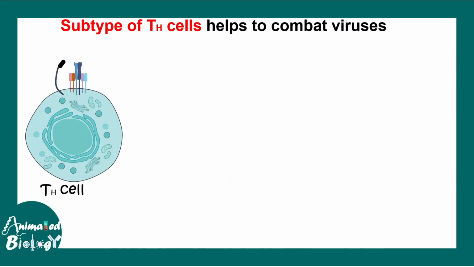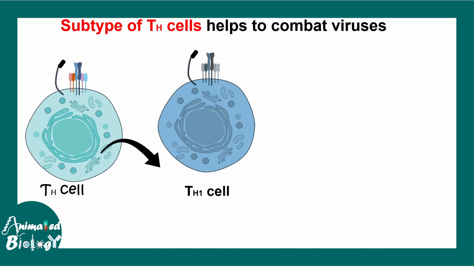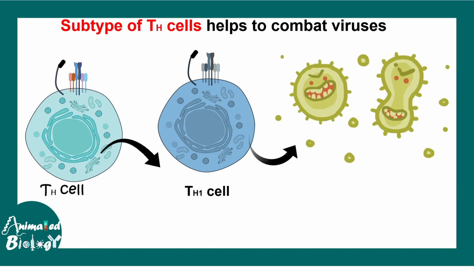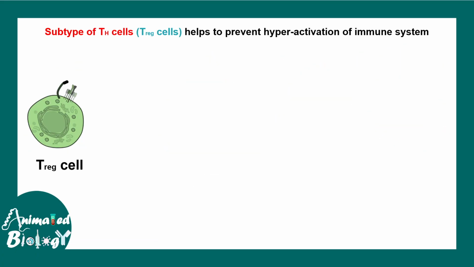Now, there are several subtypes of T helper cells. And with the advancement of technology, there are new and new subtypes coming into the picture. So T helper cells can give rise to Th1 type of cells, which play a specific role against virus. That means that particular cell triggers an inflammatory response.